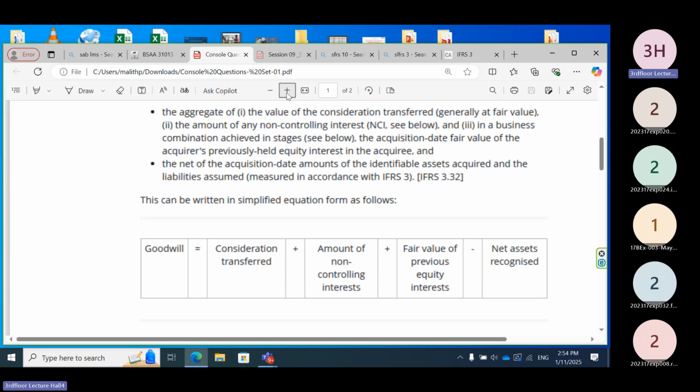So after finalizing subsidiary retained earnings account, once you finalize it, the balance we need to split to both parties, parent and the NCI. Parent portion will be credited to consolidated, right? And the NCI part will be credited to NCI account.